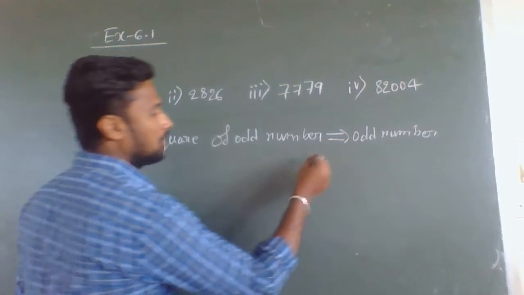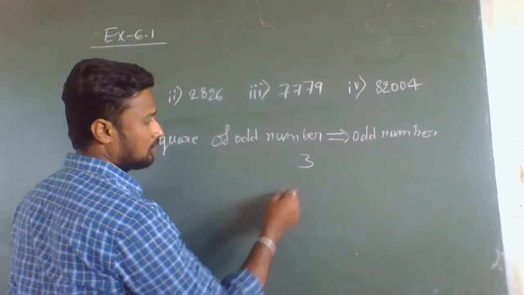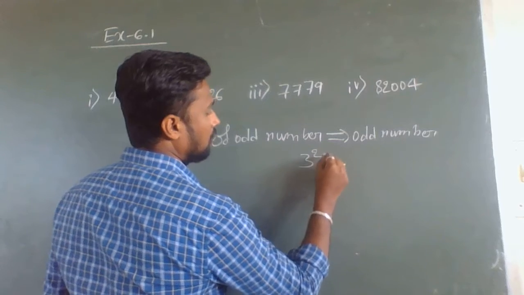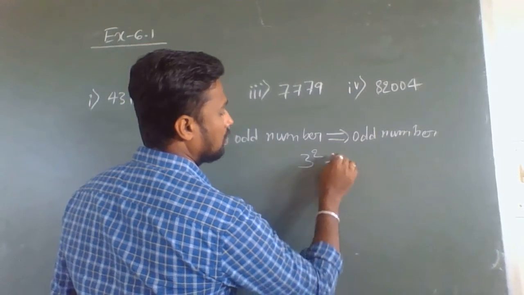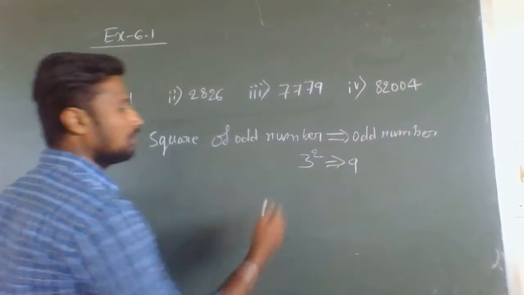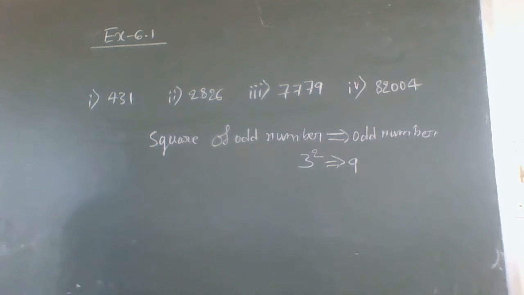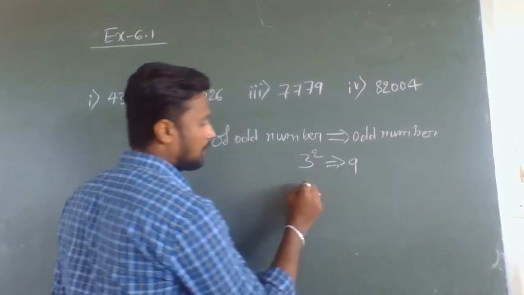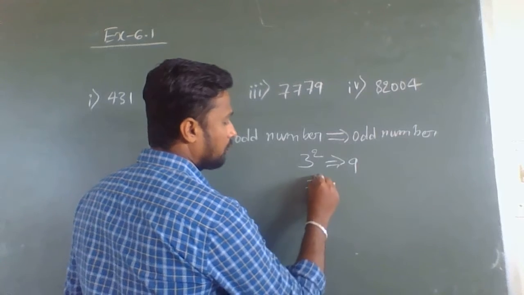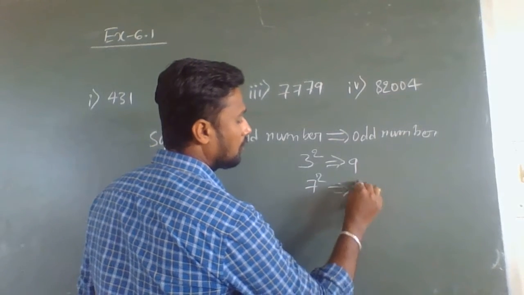Suppose, for example, consider 3: the square of the odd number is 9. You can see 3 is an odd number, 9 is also an odd number. Or you can take another example, 7. 7 square is equal to 49.